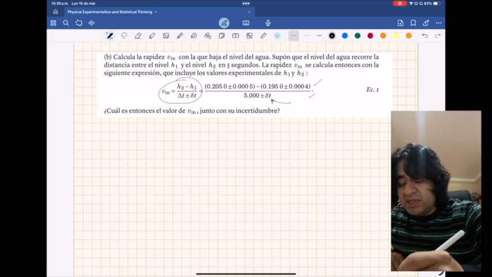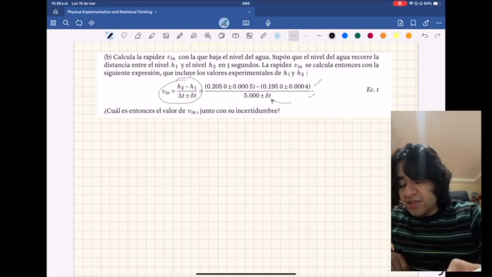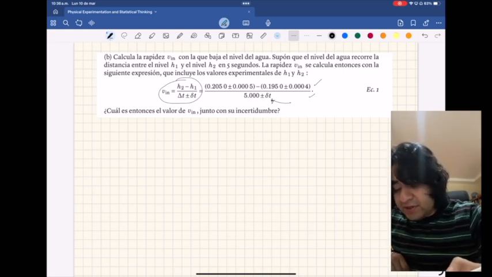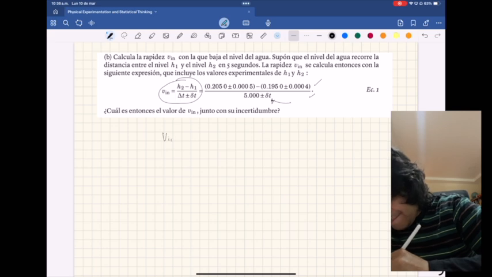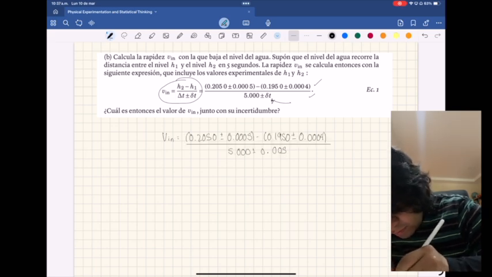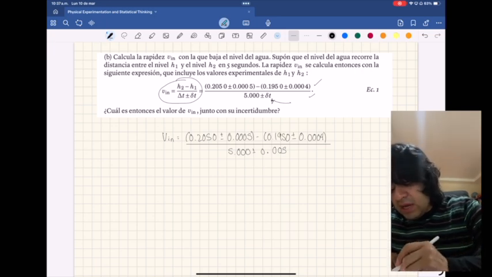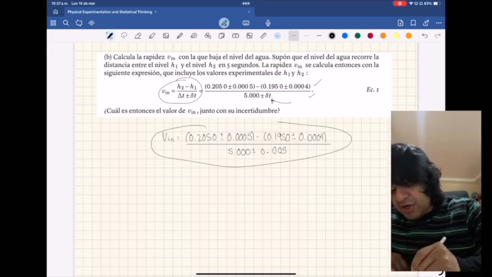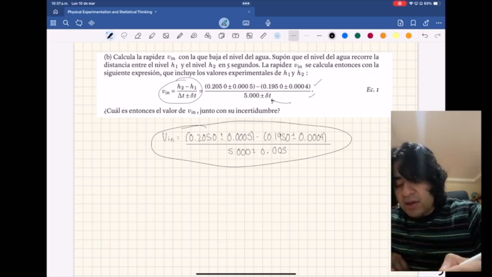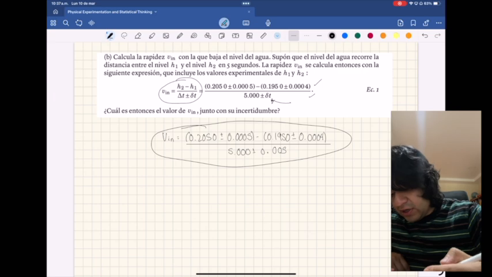This uncertainty is the one that we determined in the first section, so we have to replace that first. Now we have our equation complete. We can proceed to calculate the inlet velocity here.